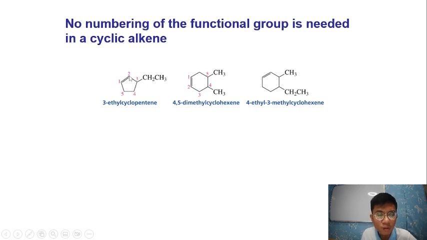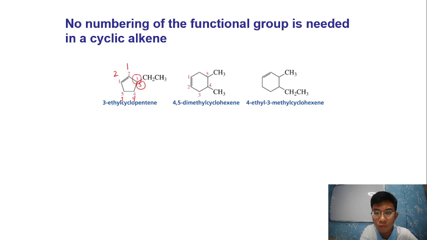But if you will use the counterclockwise, I will use red ulit. 1, 2, 3, 4, 5. So it seems that you have an ethyl group in the fifth carbon position of your cyclopentene. So you compare 3 versus 5. So you go with the lower number. That's why the name is 3-ethylcyclopentene. Okay, ganun lang din yung rule dun.